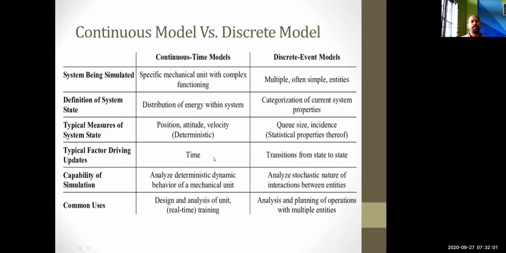So in real life scenarios, many events, many models we come across. These are all discrete event models. Then the next point is the capability of simulation. In a continuous time model, we analyze the deterministic dynamic behavior of a mechanical unit.